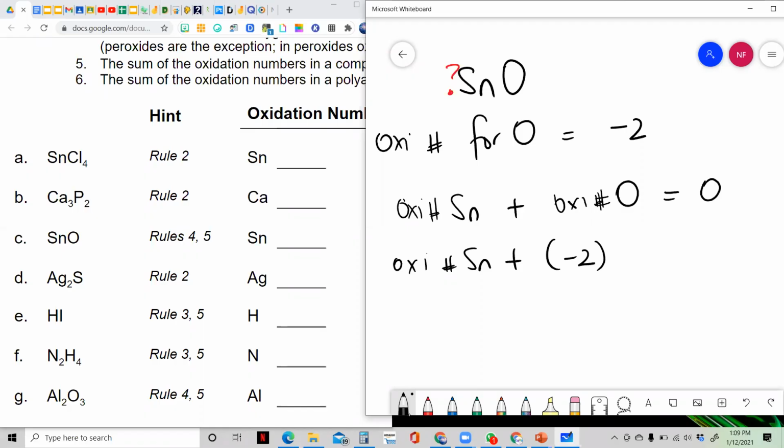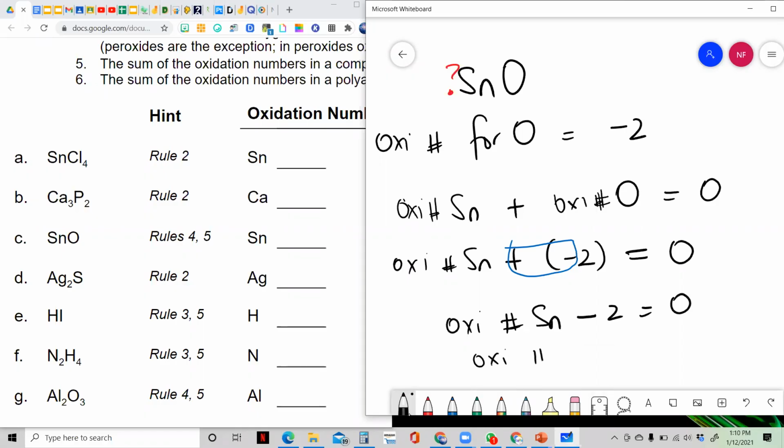I have 1 tin and 1 oxygen, so I don't need any multiples here. I write back my equation because it's supposed to equal 0. The oxidation number of tin, I can get rid of these two. You do math, right? I have plus and minus here, so it's the same thing as saying -2 is equal to 0.